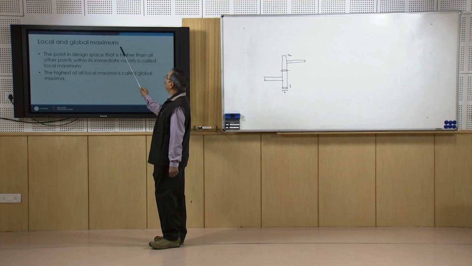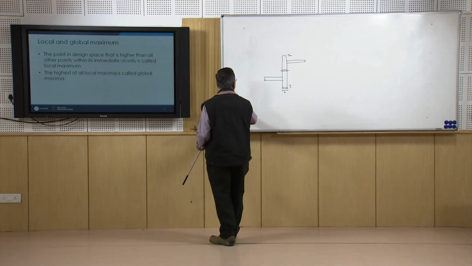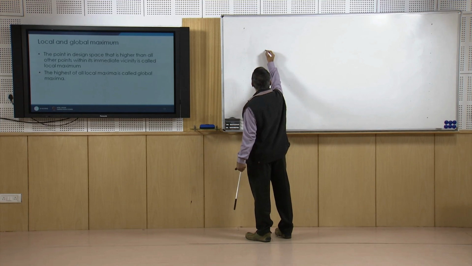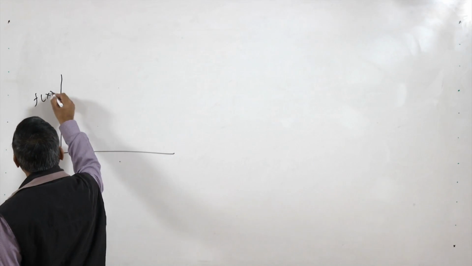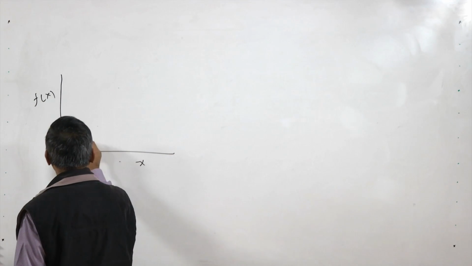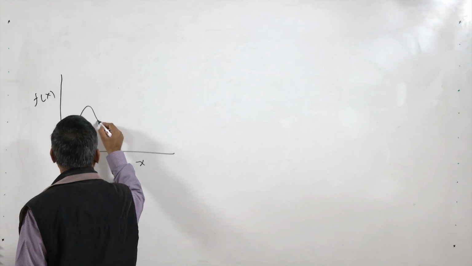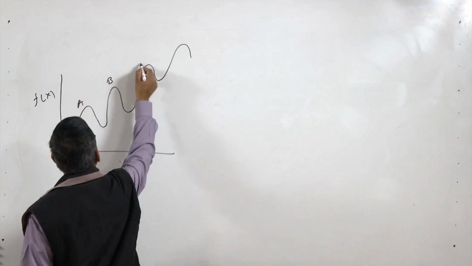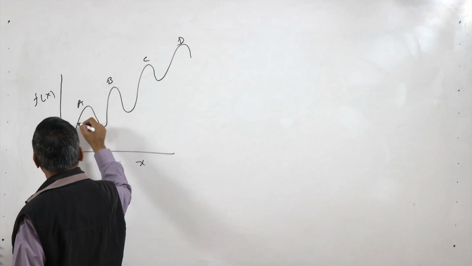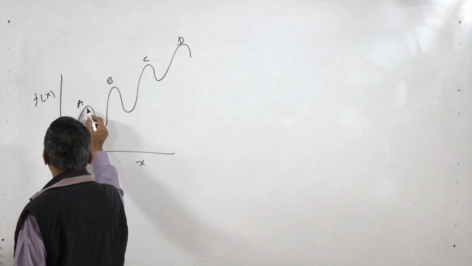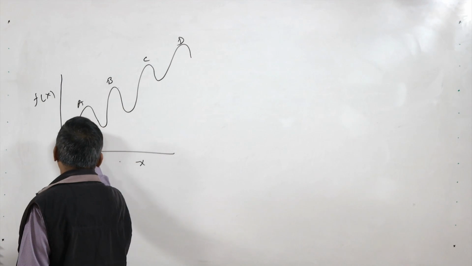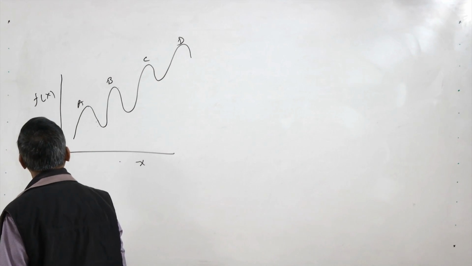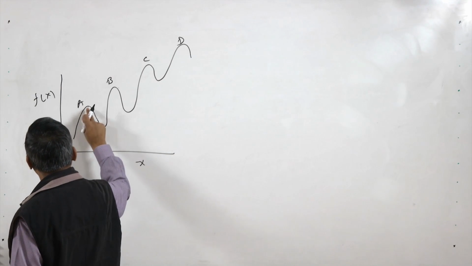Then the local and global maxima. To explain this concept, suppose we have a certain function f(x), and if we plot x here, suppose the value of f(x) is something like this, with points A, B, C, D. We can see that the f(x) value at A is highest in the proximity of A, and so we call it a local maxima.